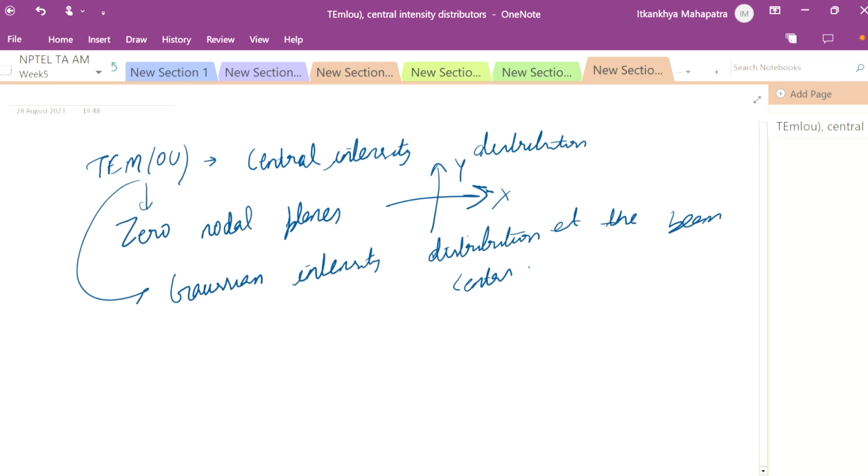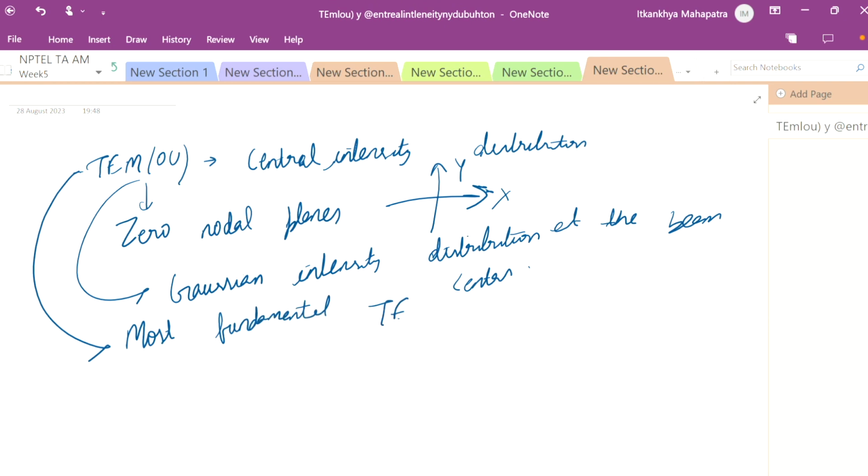Okay, so this is the Gaussian intensity distribution at the beam center. So this is the most fundamental mode, fundamental TEM mode is TEM 00.